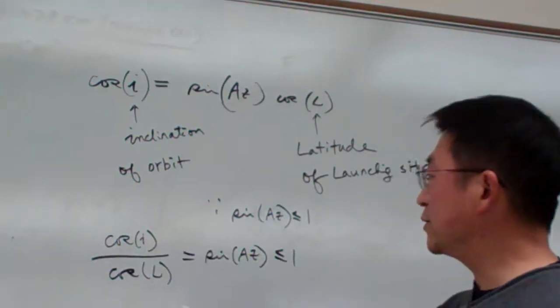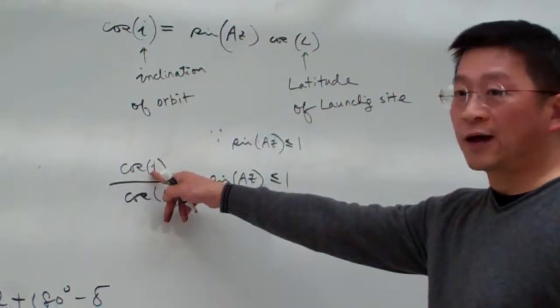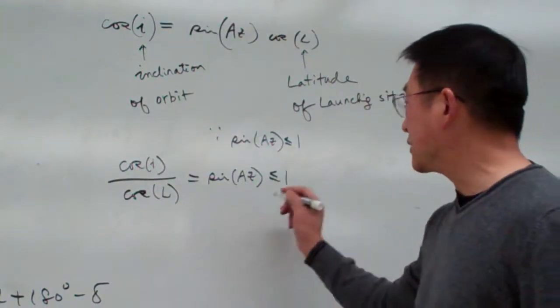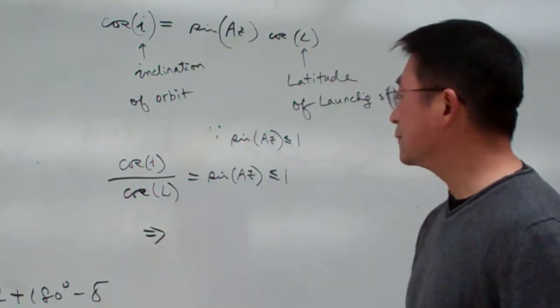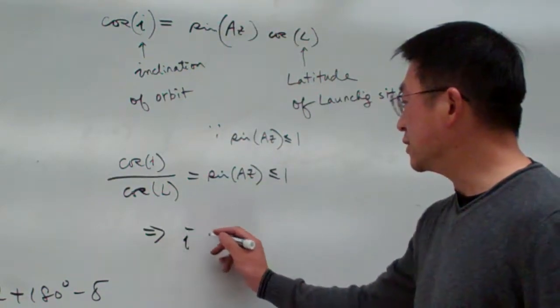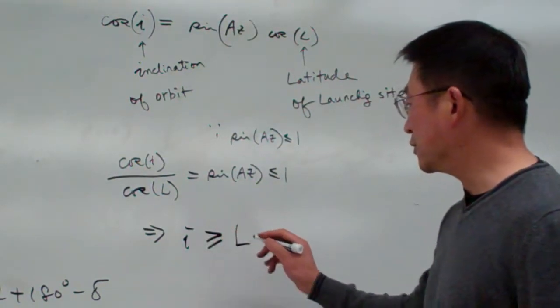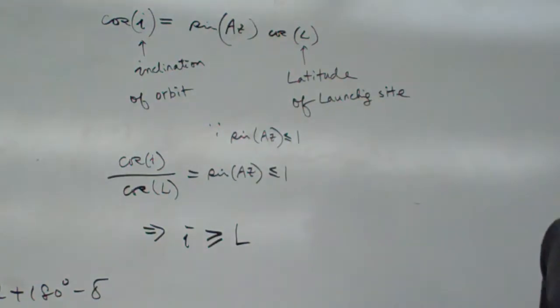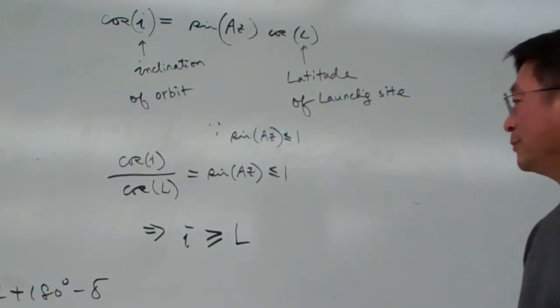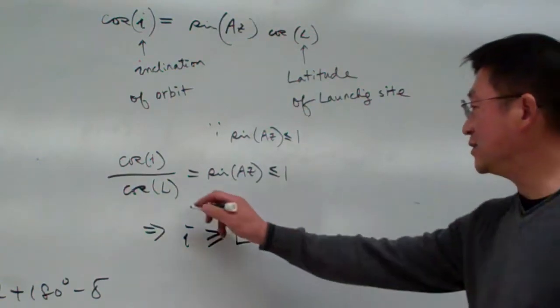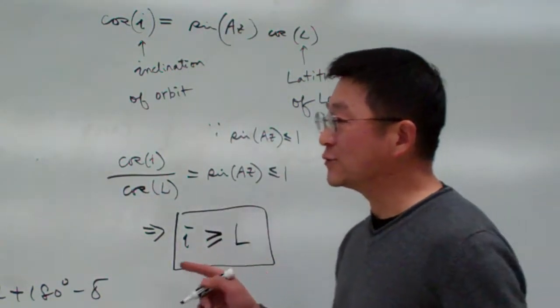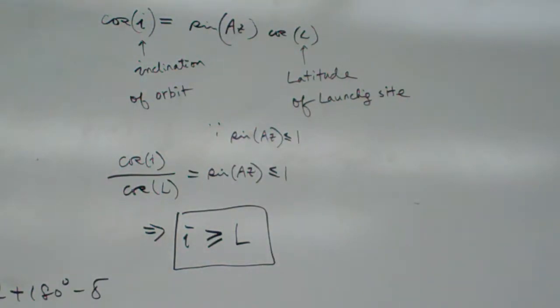So from this relation, you can see the smaller the angle I, the larger the Az. So we can see the inclination is always larger than or equal to L. What does this mean? This is very important information regarding how we select the launching site.